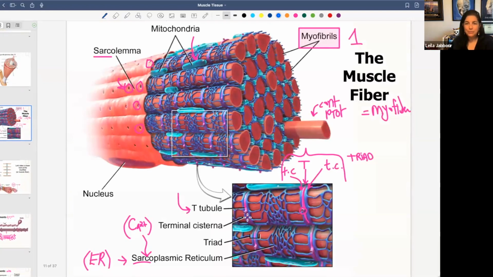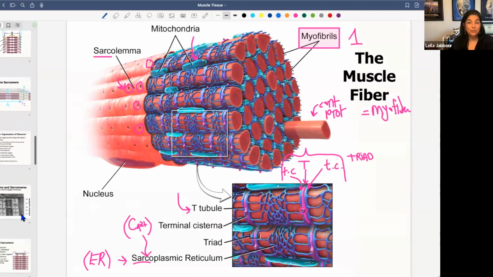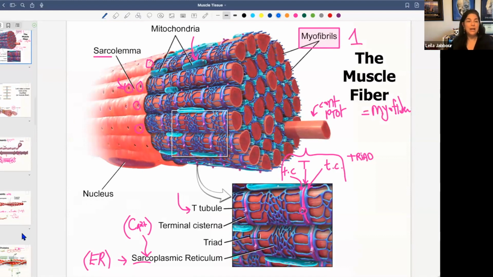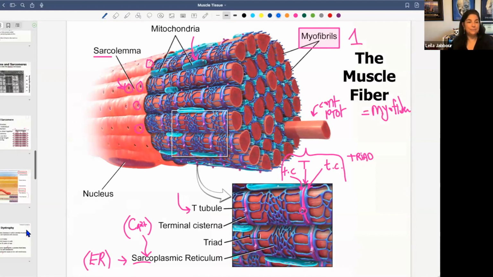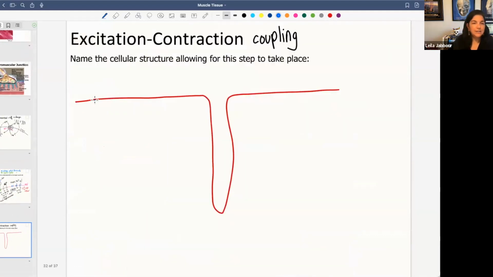I'm drawing the T tubule. I picked the red color for the sarcolemma, and I'm picking blue now to show you the terminal cisternae of the SR. That's what I'm drawing. But I'm drawing it as a side view and not a superior view looking down. Here you're looking down at the whole structure. I'm drawing it as a side view. So here we are. The SR in blue, the SR is on the sides here.